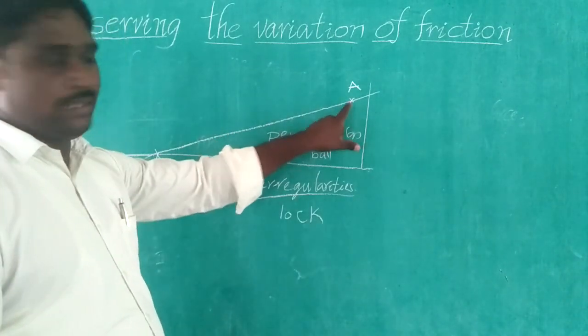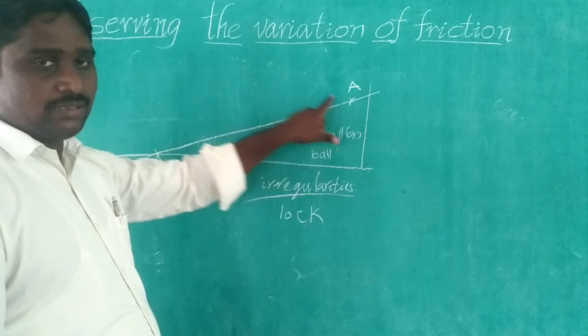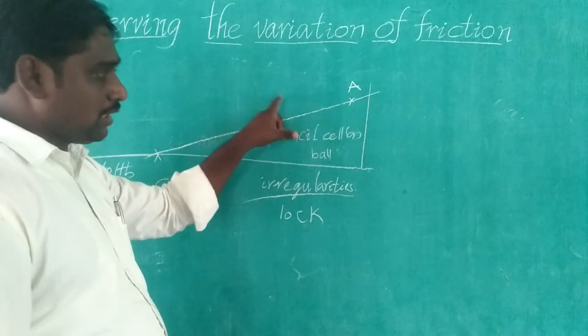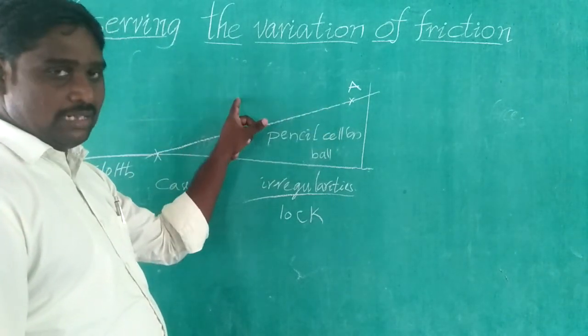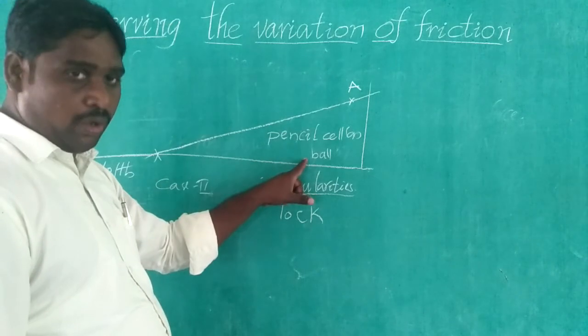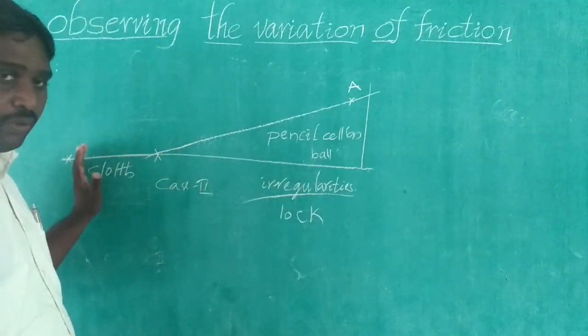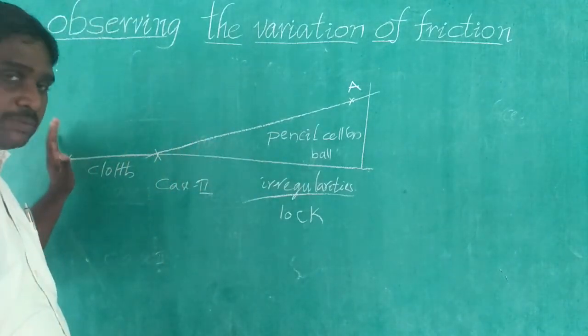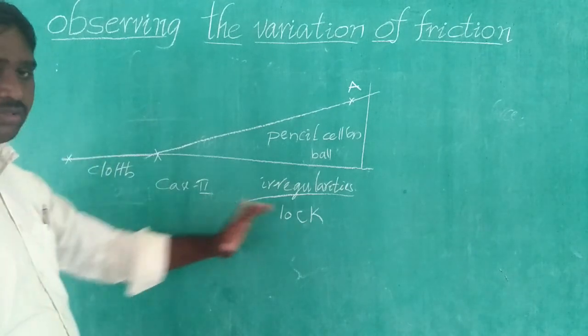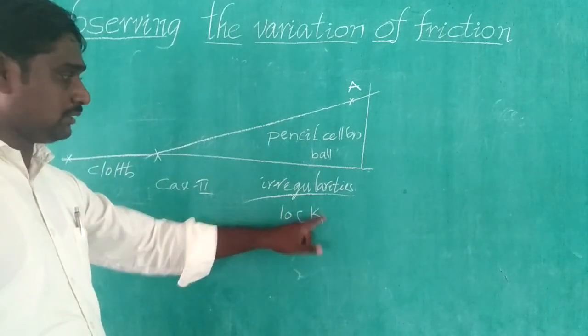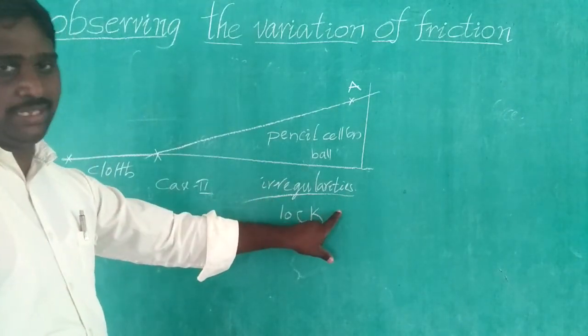For example, here the surface of the pencil cell or ball and the surface of the floor are locked to one another. Why? Because of the irregularities present on them.